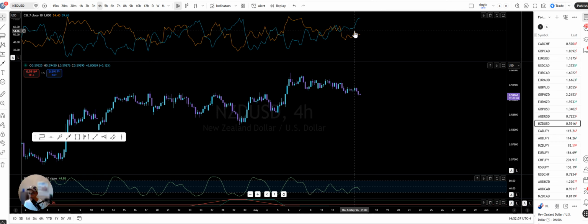It's a natural area. It's a self-fulfilling prophecy. Everybody sees those levels just like you do. Okay. So just keep that in mind. But again, in terms of taking the trade, you can do your analysis and take the trade right straight away from the 4 hour. Just take a peek at the higher time frame to make sure of where you're at in the bigger picture.